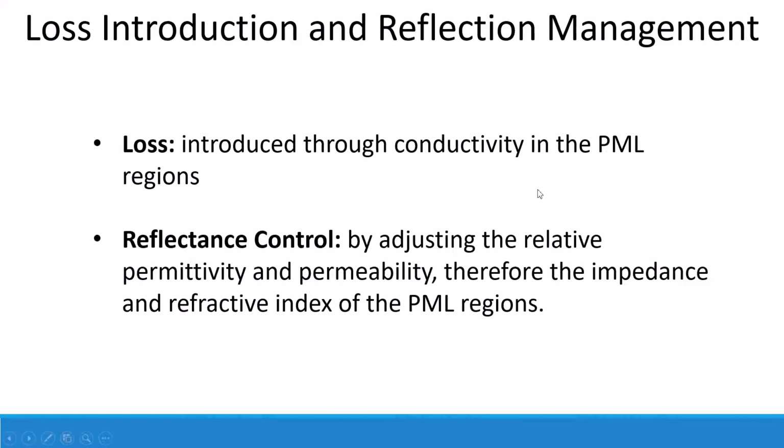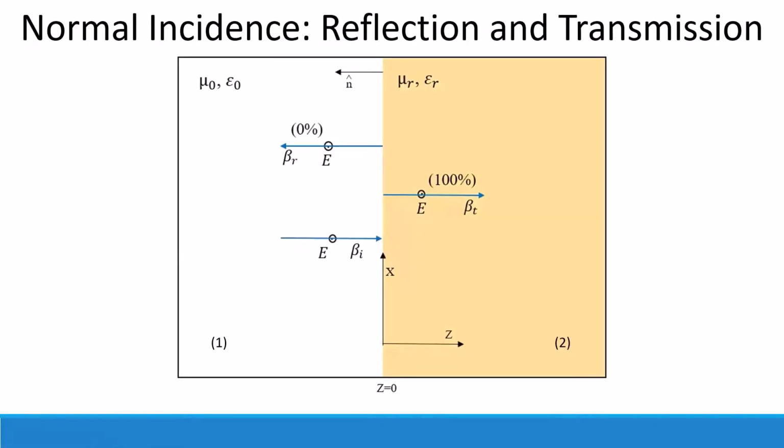So here we have the basic case of normal incidence, and it should be noted that the cases here are for transverse electric. So we have the incident wave, and we want 100% transmission, 0% reflection from this wave. So how do we get this?